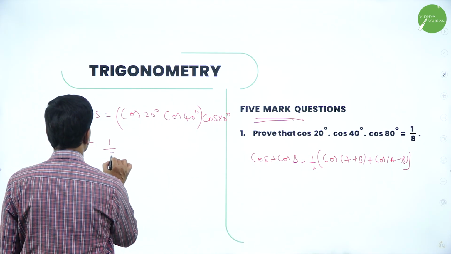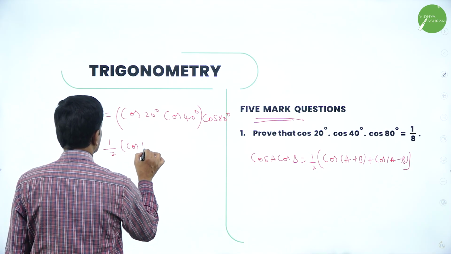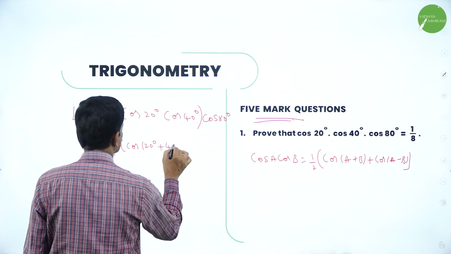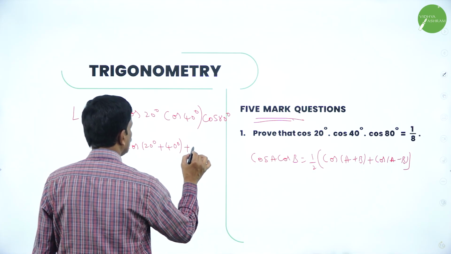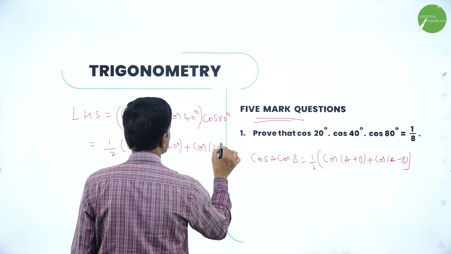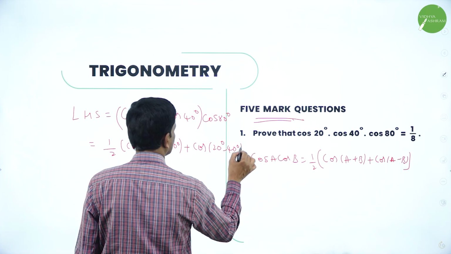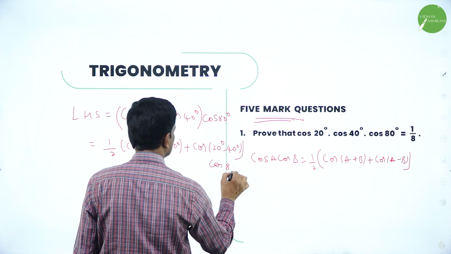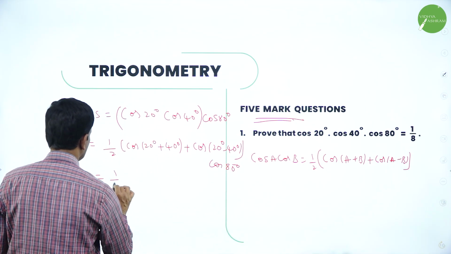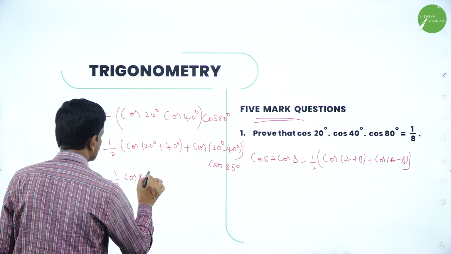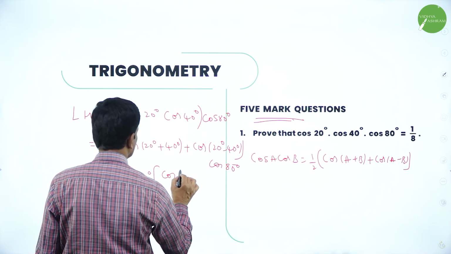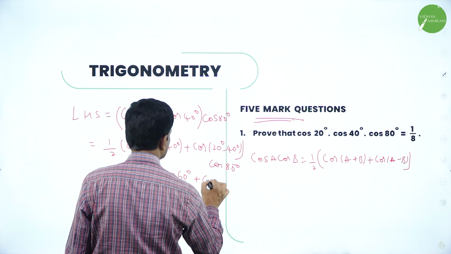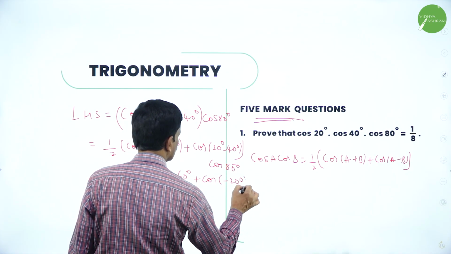So this is half into cos (20 plus 40) plus cos (20 minus 40), into cos 80 as it is. So I can write half of cos 80 first into cos 60 plus cos of minus 20.